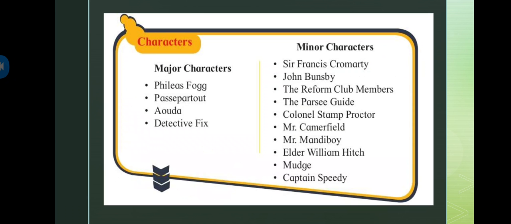Now, moving towards the characters, there are some major characters and at the same time minor characters. Right now we will just see the names of the characters, but as we proceed further with the story, with the plot, with the summary, we will get familiar with the characters and see how exactly all the characters are.